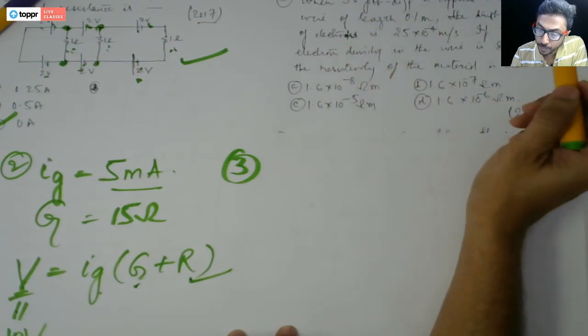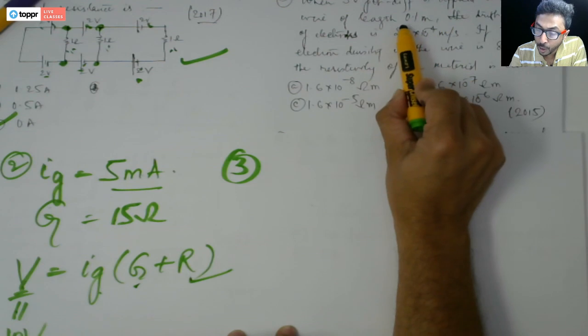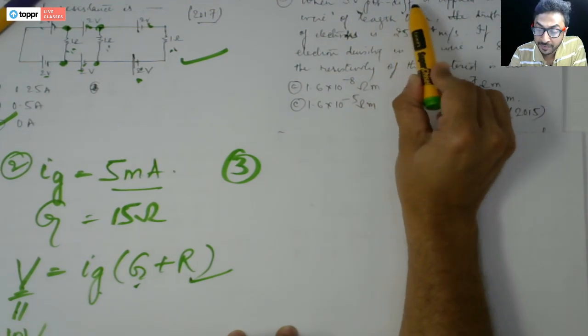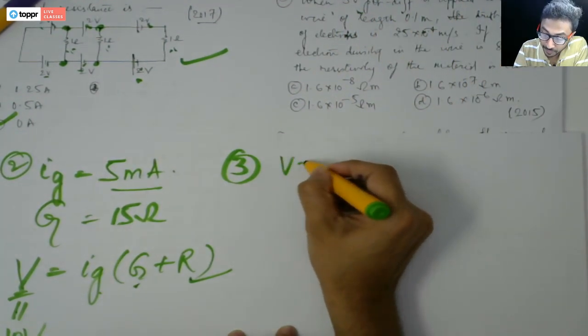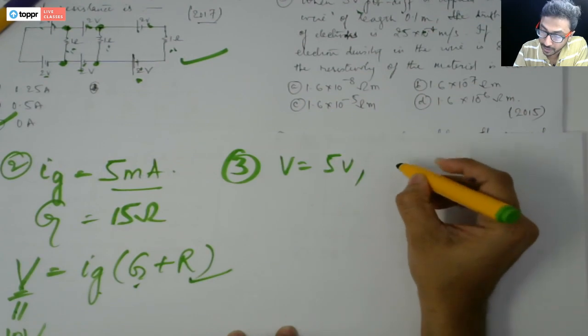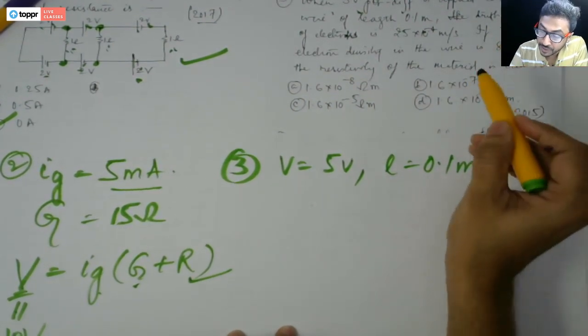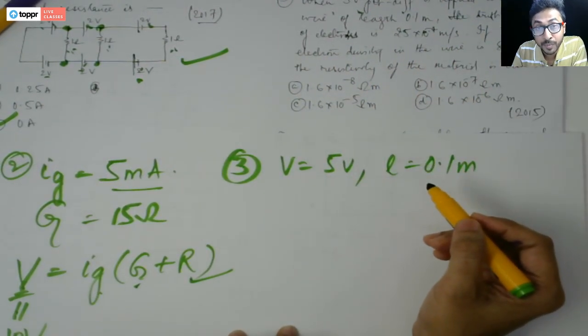When a 5 volt potential difference is applied across a wire of length 0.1 meter, so V equals 5 volt and L equals 0.1 meter. The drift speed of electron is 25 into 10 to the power minus 4 meter per second.